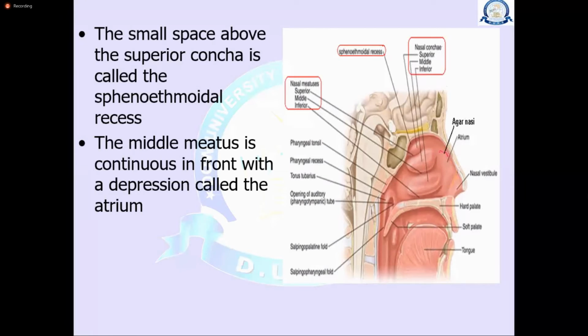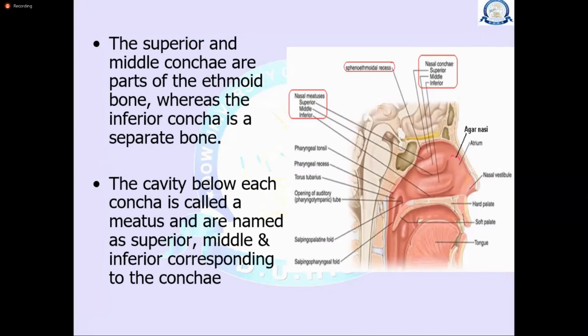now if we focus onto the middle meatus, if you remove the superior concha, this is where you will have the middle meatus. In the anterior part of the meatus, when you remove the middle concha, there is a bulge which is known as the ethmoidal bulla, and inferior to this bulla, there's a part which is known as the semilunar hiatus.